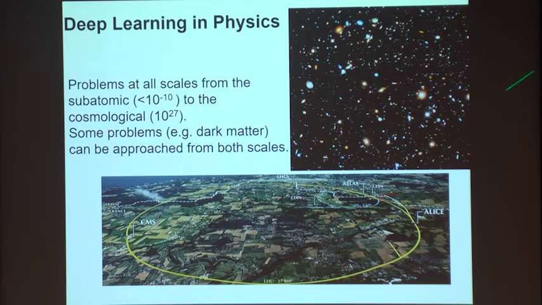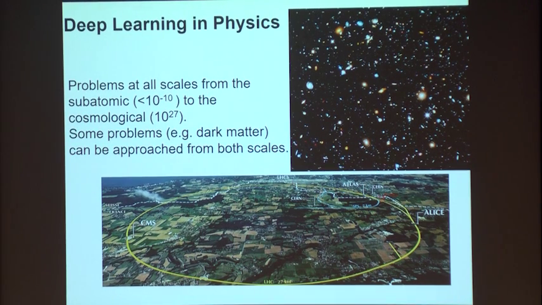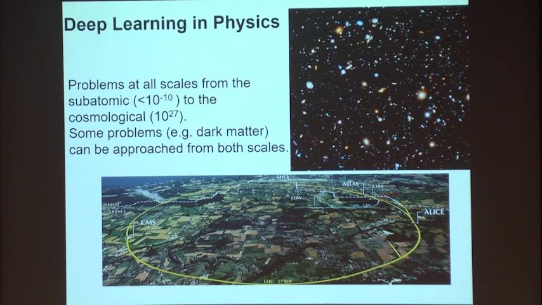For instance, at this scale, you have images, so it is natural to try to use convolutional neural networks applied to these images to, for instance, detect quasars, galaxies, lensing, etc. The examples I'm going to show you are more at the particle scale. We work with the Large Hadron Collider, with ATLAS at CERN.